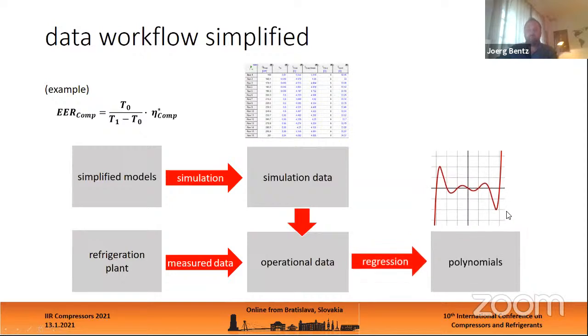When the software tool is connected to the real system itself, we start collecting the data of the real plant, measuring this data, and creating an operational database, and not losing the previous characteristics. We combine the operational data and the simulation data, and as I previously mentioned, we adjust the simulated data to the reality. Then again and again we do the regressions and always work with the newest polynomials.